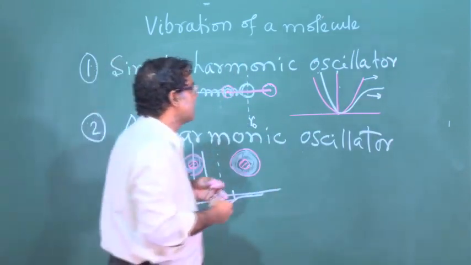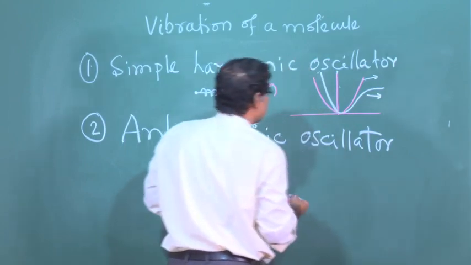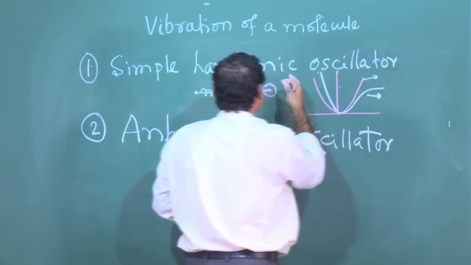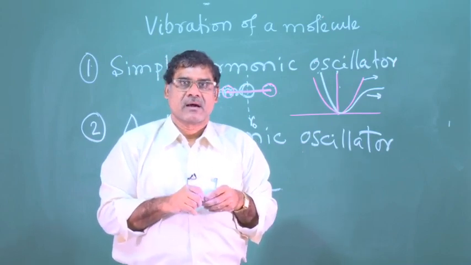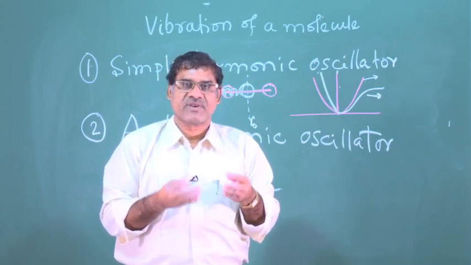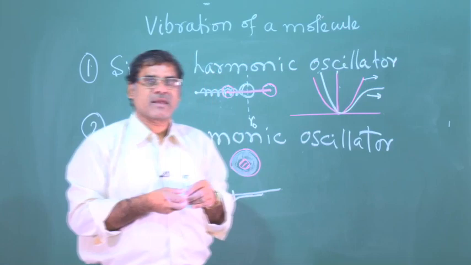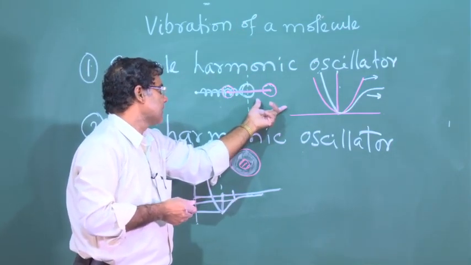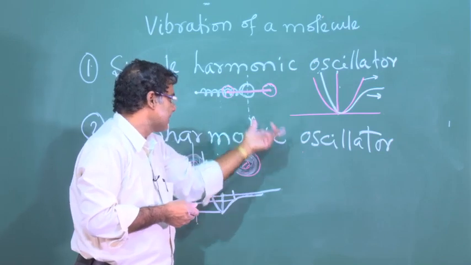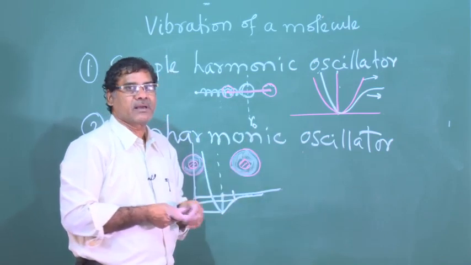And in reality, in real molecules, it is not a harmonic oscillator, it deviates from this harmonic behavior, and some asymmetry is introduced, and thus it is called an anharmonic oscillator.